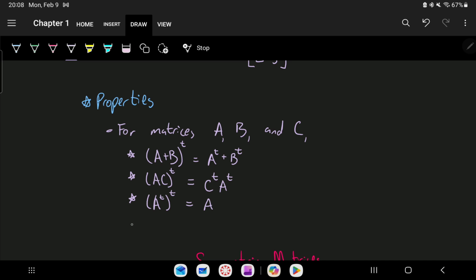And finally, if Z is a scalar, putting Z times A in parentheses and transposing that is going to be the same thing as taking those parentheses out, just doing the transpose of ZA.